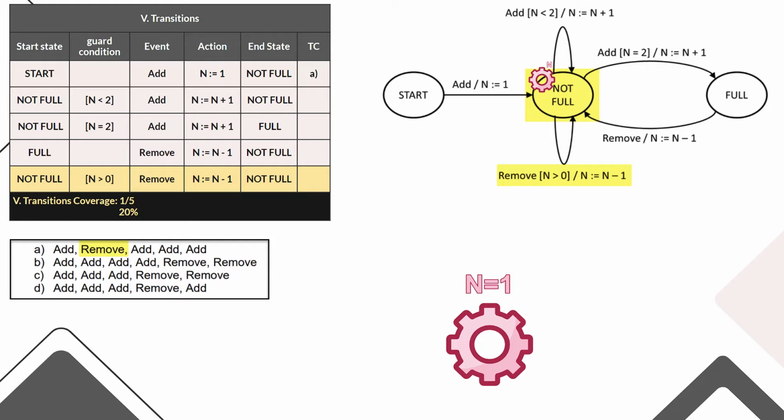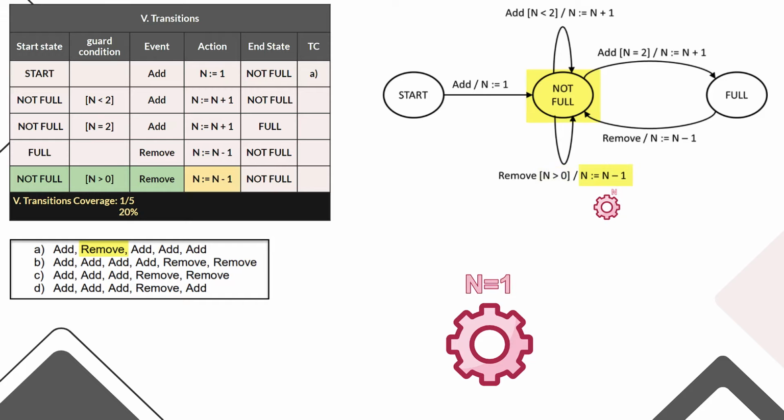We started with the not full state and moved to the event, but the event is complicated by a guard condition. n must be greater than 0. We wrote down the value of variable n in the lower right corner of the slide above the gear icon. At the moment, n is equal to 1, which is greater than 0. Accordingly, this is a valid remove event. Now let's move on to the action.